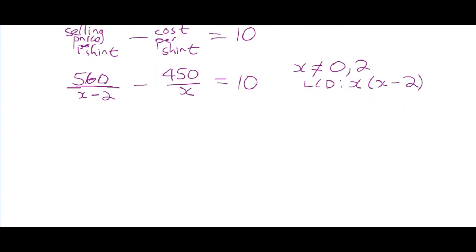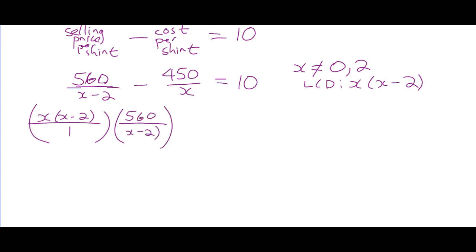So we're going to multiply each term by x times x minus 2. Here's the first one, 560 over x minus 2. I just need a bracket there.